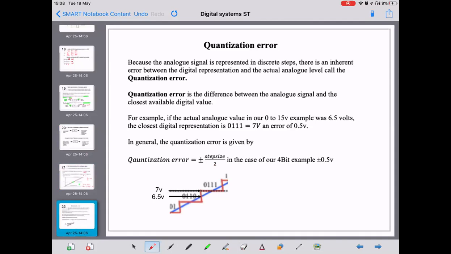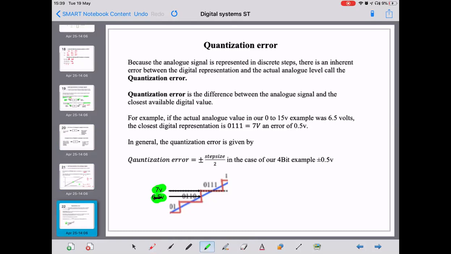The quantization error is the difference between the analog signal being put in and the closest available digital value. So if, for example, the actual analog voltage in our 0 to 15 volt example was 6.5 volts, the closest representation is 7 on the digital representation system, because that would round up.